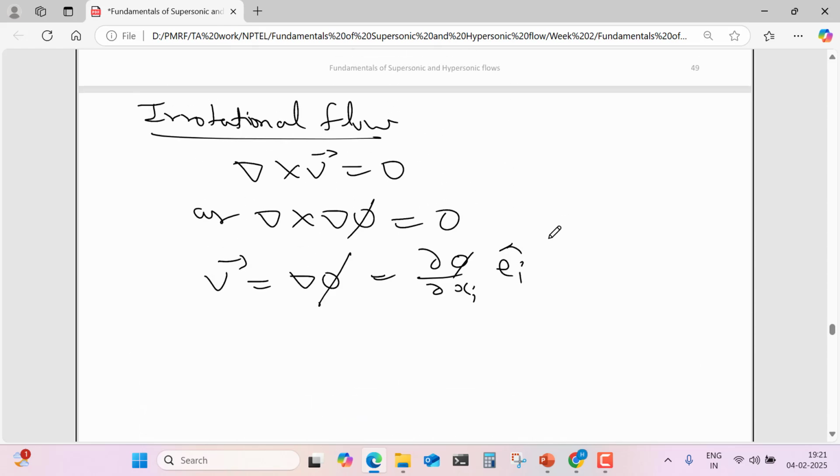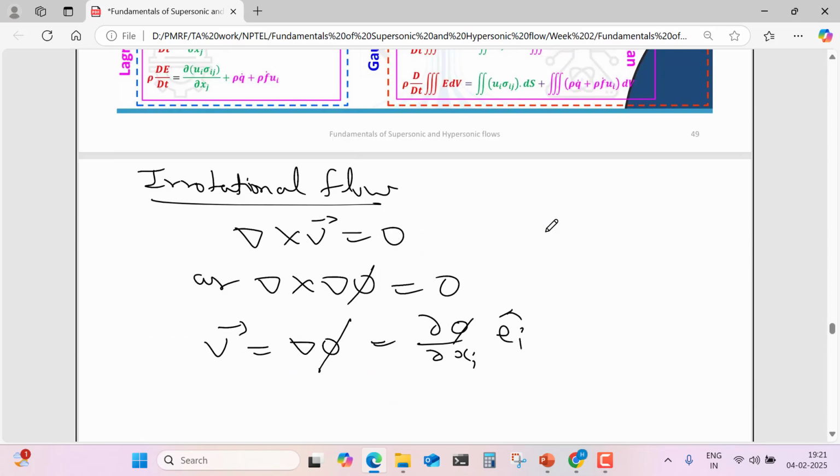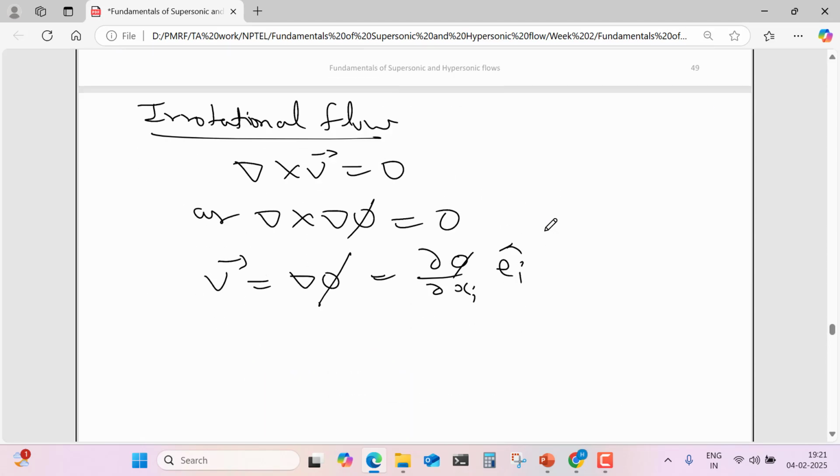Now we are moving towards the small perturbation equation. We will see what irrotational flow is. Irrotational flow is del cross V equal to 0. From the vector identity we know that del cross del phi equal to 0, so this velocity can be written as the gradient of a scalar field.